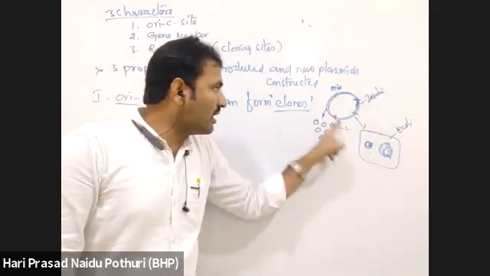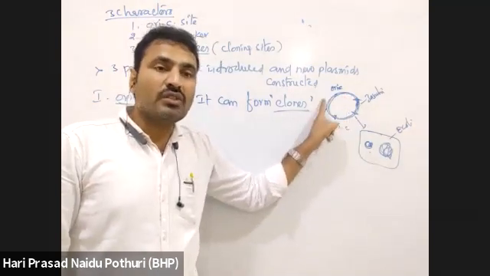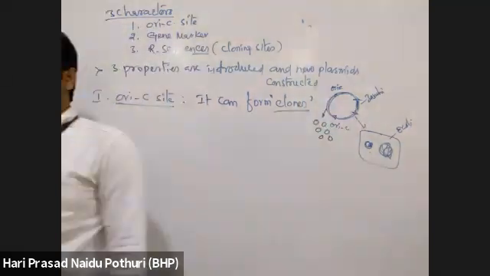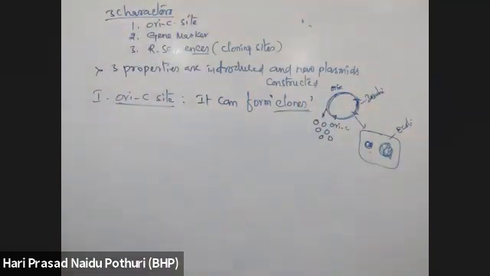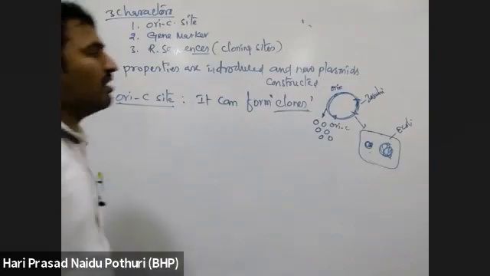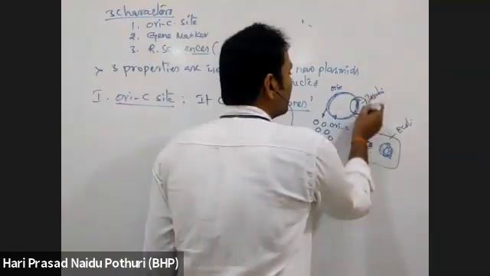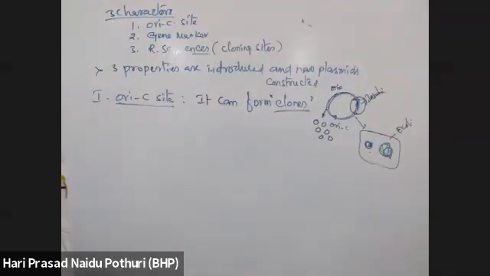So as this plasmid is replicating, that desired gene will also get replicated and there is production of clones of this desired gene. Those clones will produce more DNA. That DNA can undergo expression and produce a gene product, which we can take. For cloning that is required.